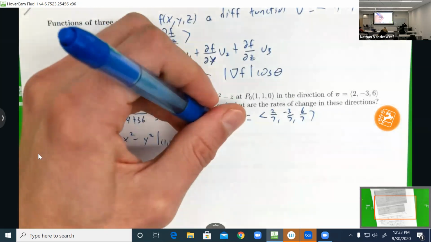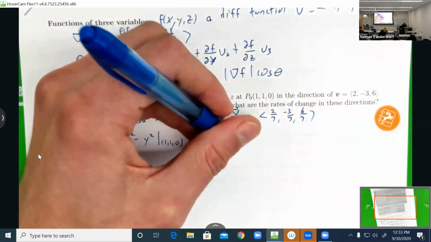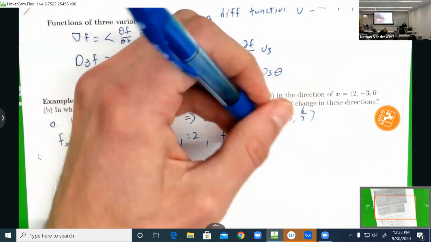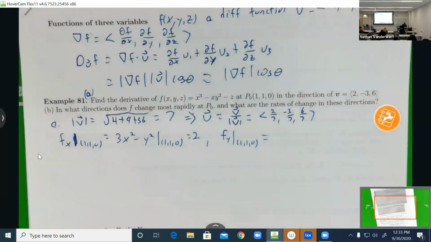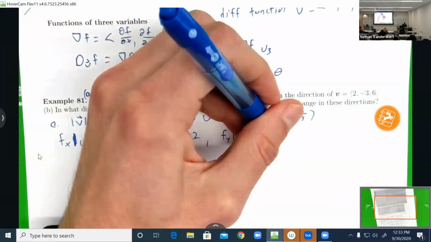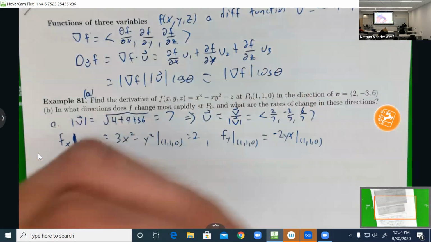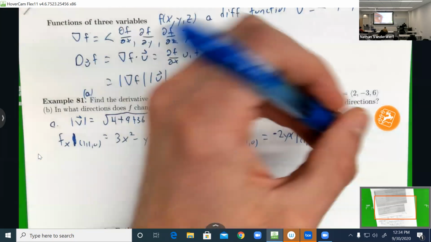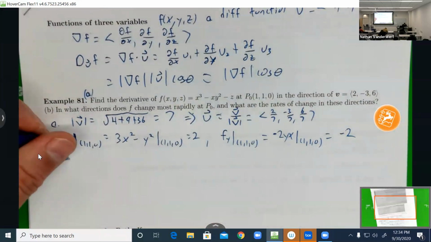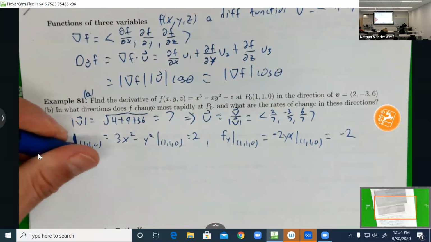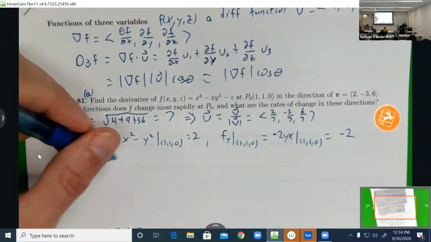Let's see what else. fy at 1, 1, 0 is going to be minus 2yx, at 1, 1, 0, which is going to be minus 2. And fz at 1, 1, 0 is going to be just minus 1.